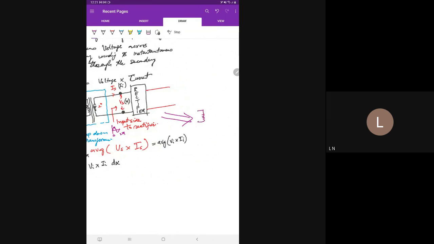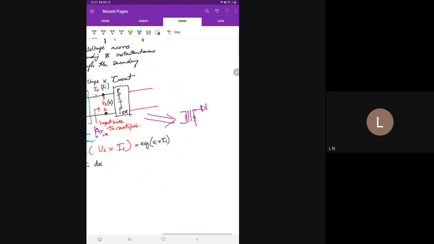The circuit with the step-down transformer is something like this. You have a diode here, then we have a load resistor, and this is our secondary winding, and this is our primary winding. So this is the circuit for our half-wave rectifier, and you have a diode D here.